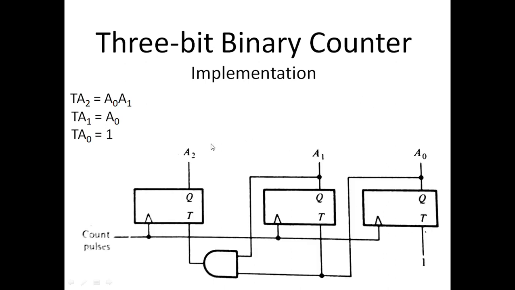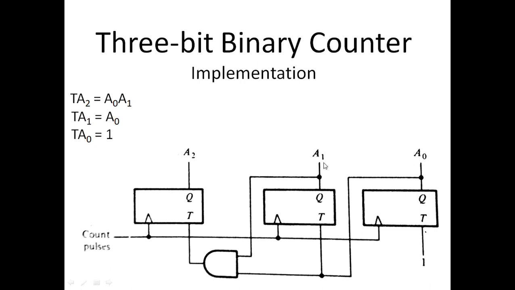Here is the implementation. This is a sequential circuit. This is T flip-flop 0. This is flip-flop 1. This is flip-flop 2. The Q output of flip-flop 0 is A0. The Q output of flip-flop 1 is A1, and the Q output of flip-flop 2 is A2.